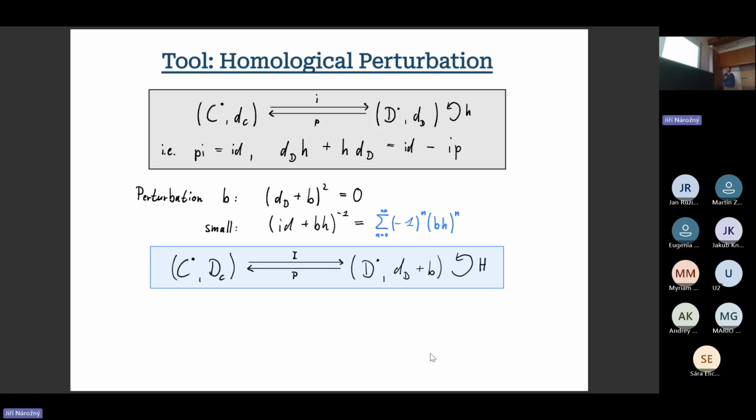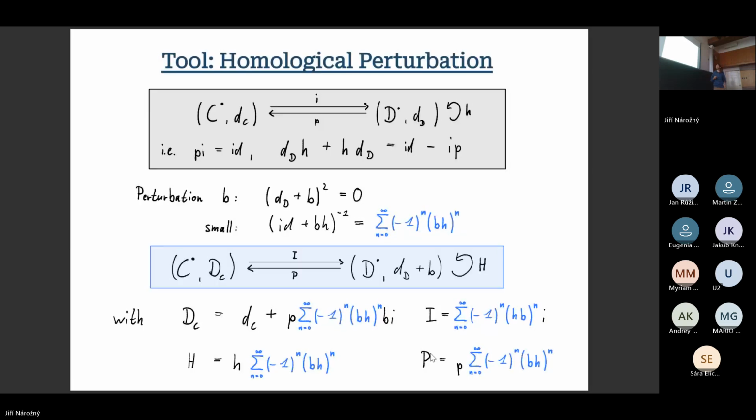But moreover, the homological perturbation lemma tells us specific formulas for how these perturbations look. It might look scary at first glance, but essentially, if you look at H, P, and I, it's just the old map, and then you compose it with the perturbation coming from B.